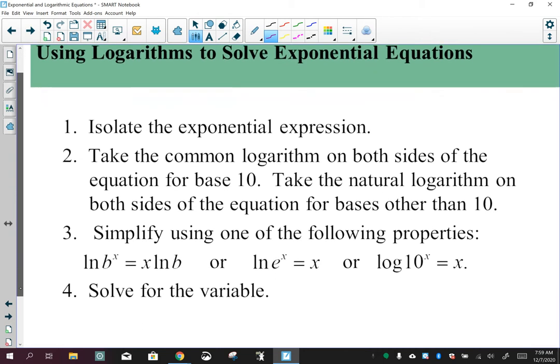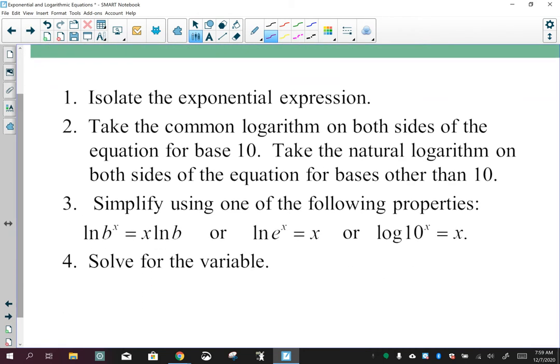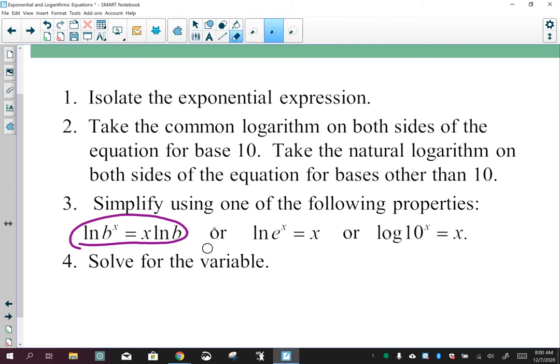So what happens when your bases are not the same? When your bases are not the same, you're going to have to do something different. It just depends on how you want to approach the problem. I tend to lean towards this one here. To me, it's just a little bit easier, but it depends on what problems they are giving you to begin with.